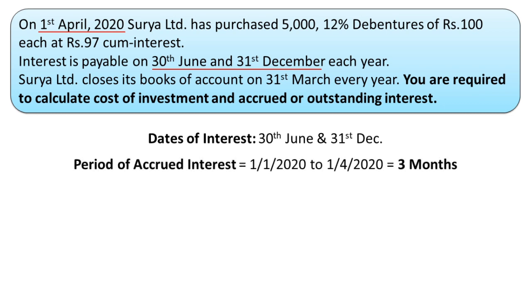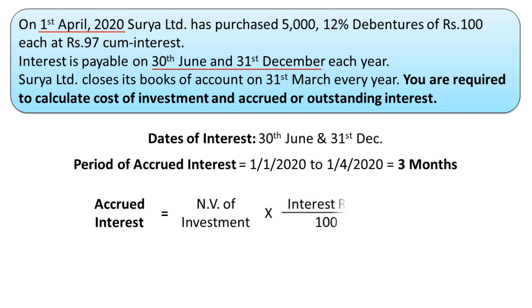Now we can calculate accrued interest with a formula: nominal value of investment purchased multiplied by interest rate divided by 100 multiplied by period of accrued interest divided by 12. As the period of accrued interest is in months, we have to divide by 12.